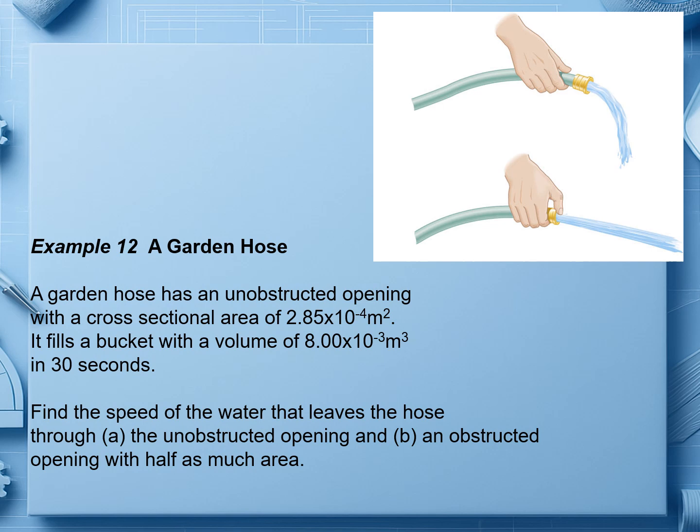For example, a garden hose fills a bucket with a known volume in 30 seconds. We use this to find the speed of water from the hose opening, and how that changes if the opening narrows.